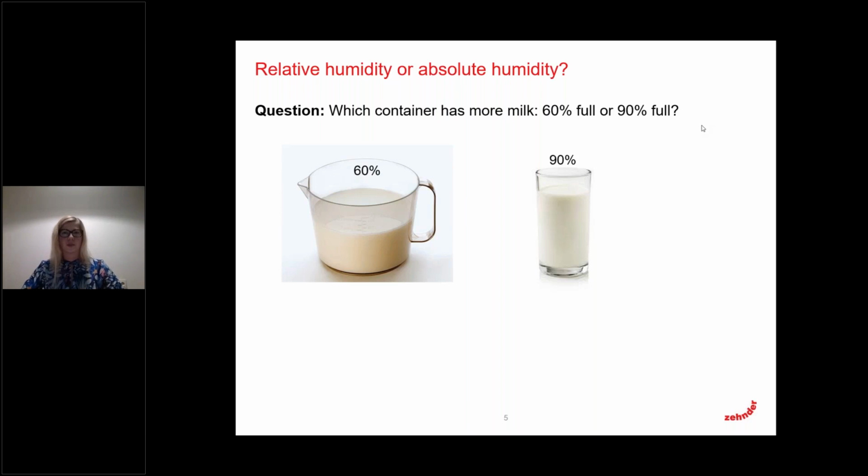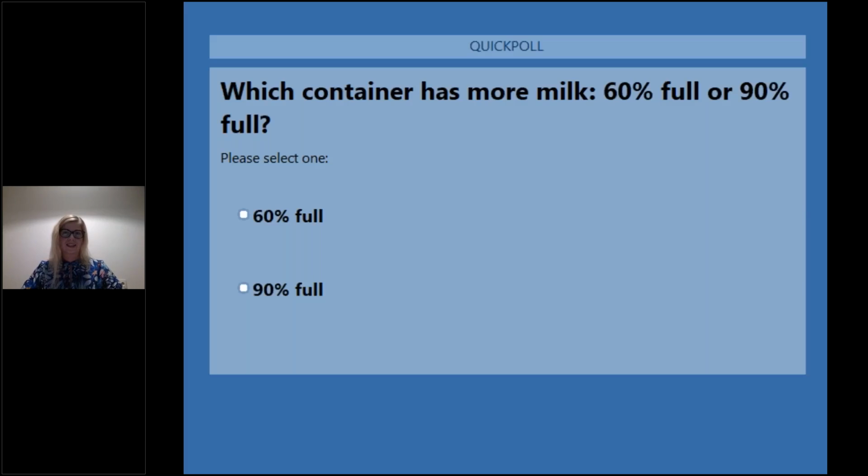If we are looking at those 2 containers in the pictures, and there is one container that is 60% full and another one that is 90% full, then the question would be: which container has more milk in it? And here we have prepared a small poll.